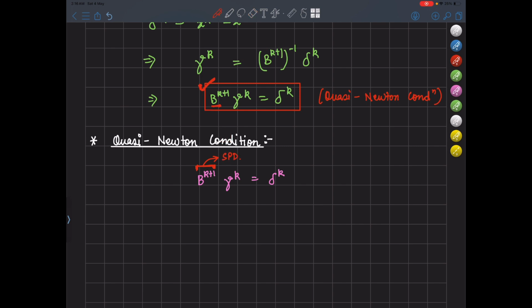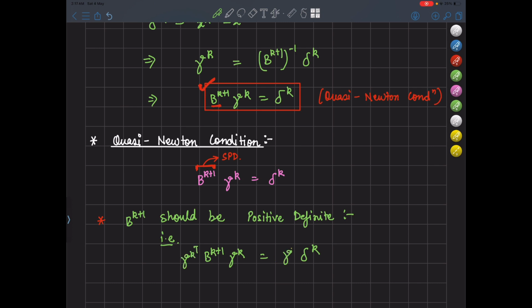If it is positive definite, then if we multiply gamma k transpose on both sides, gamma k transpose bk plus 1 gamma k has to be greater than 0 for all gamma k not equal to 0.